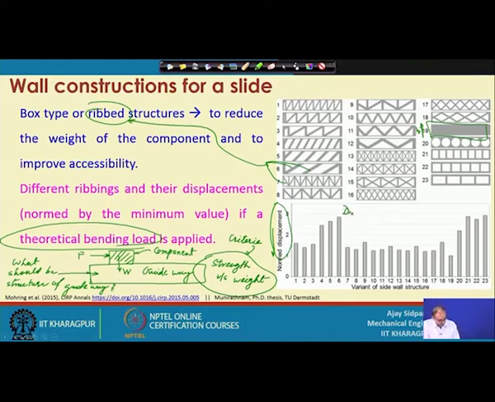Displacement should be less under loading, correct. So, now if you see this one, the 19 has probably the lowest one, correct.